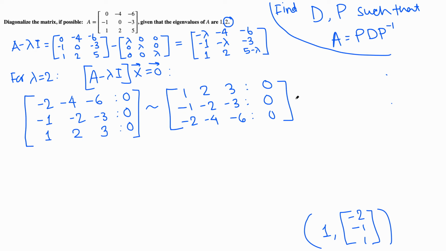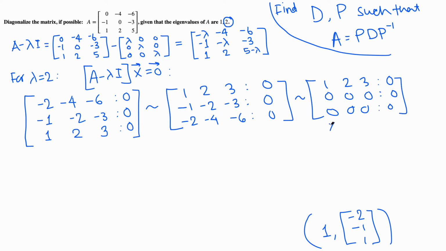Now let's work on row 2 and row 3. Row 1 is just this. Add R2 with R1, negative 1, 1, 0. If you look at it closely, row 2 is just negative 1 times row 1. So pretty much all 0. Multiply by 2 and add, we get all 0.